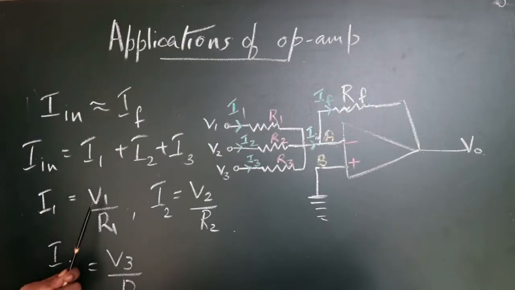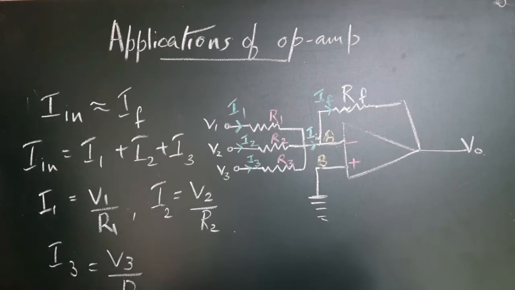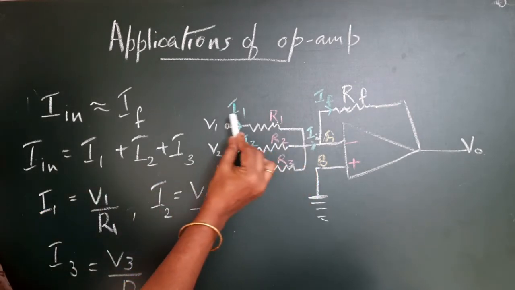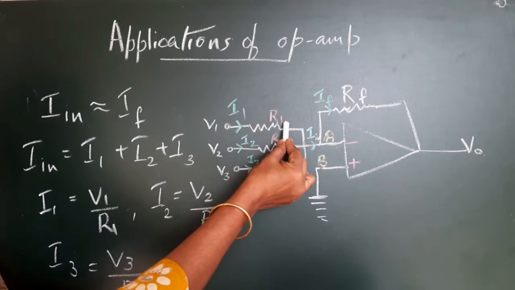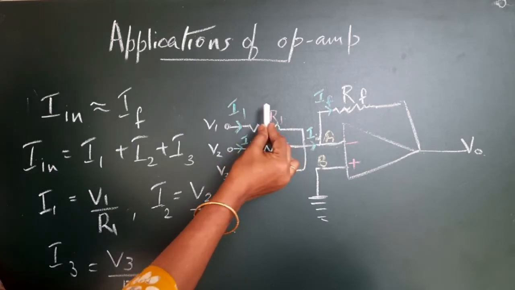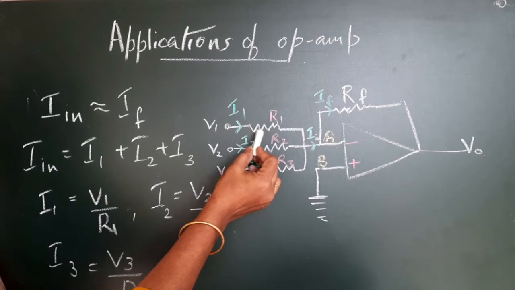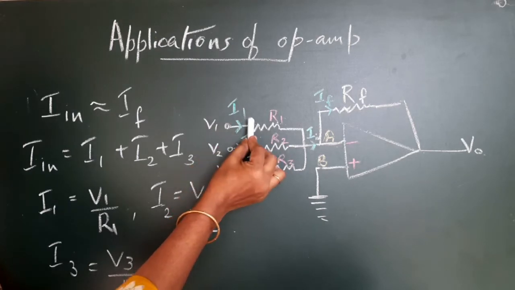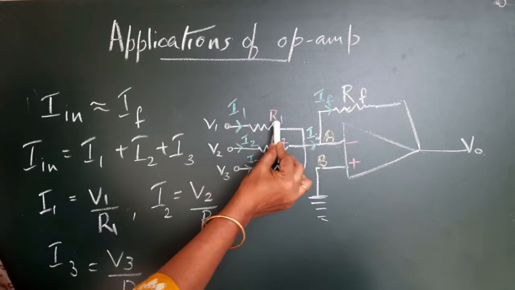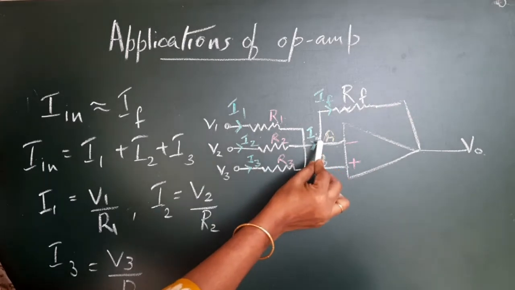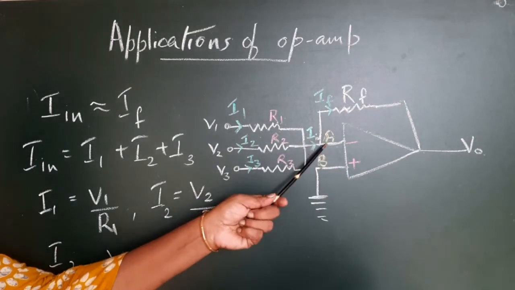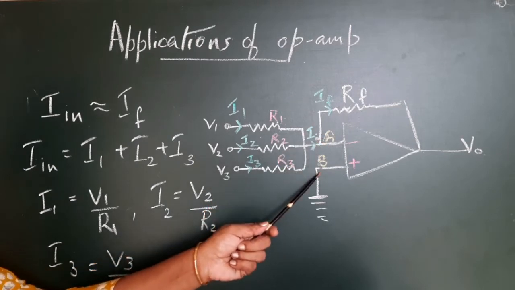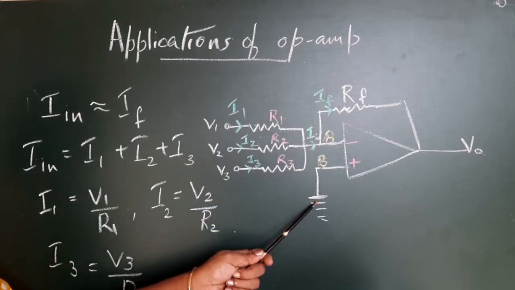In fact, here we have used the concept that I1 is equal to the voltage across this resistor R1, difference in voltage by resistance. So the voltage here on the left hand side is V1 and on the right hand side it is actually VA. VA is in fact zero potential because of the virtual ground concept.